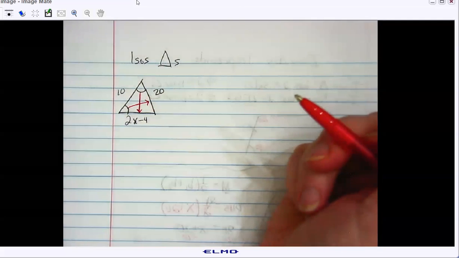The 10 and 2x minus 4. Okay, so how do we know? Because of the 2 angles, so it has to be the sides opposite the angles, correct? So if I draw the arrows across, it won't be the 10, it'll be the 20.